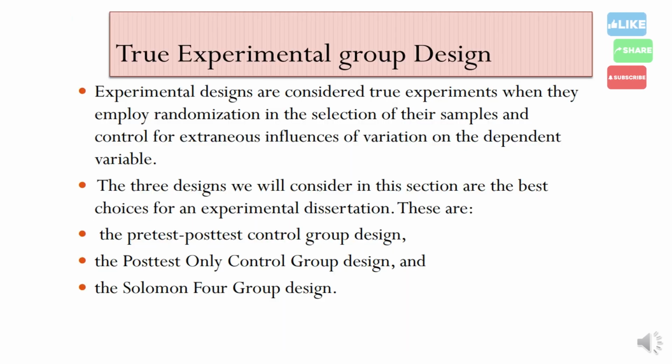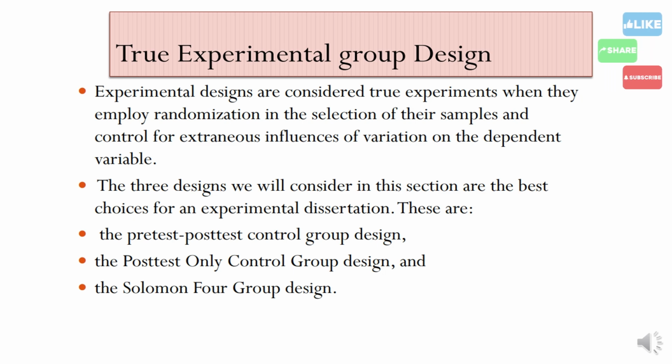Now we have true experimental design. Experimental designs are considered true experiments when they employ randomization in the selection of the sample and control for extraneous influences of variation on the dependent variables. So the three designs we will consider in this section are the best choices for experimental decision. These are the pre-test post-test control group design, post-test only control group design, and the Solomon four group design.